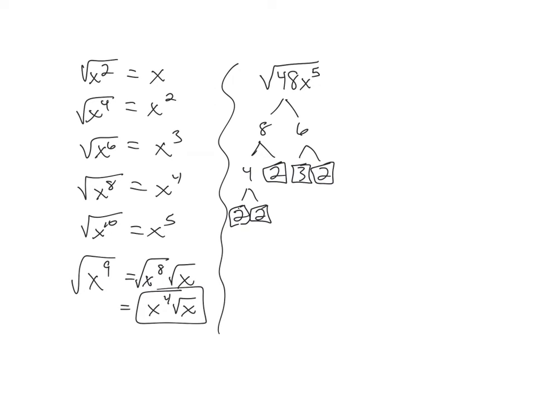So I've got a 2 and a 2. I've got another 2 and a 2. And I've got a square root of 3. So remember to multiply those together. And so just the 48 part, I get 4 square root of 3.